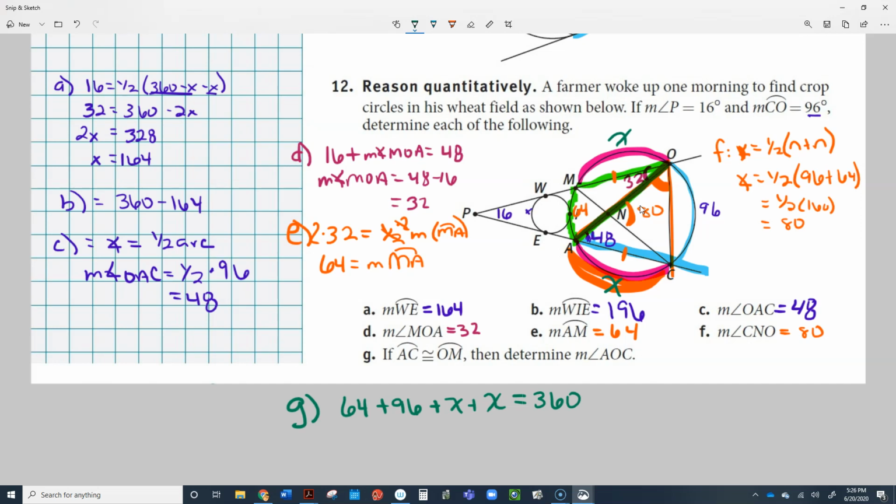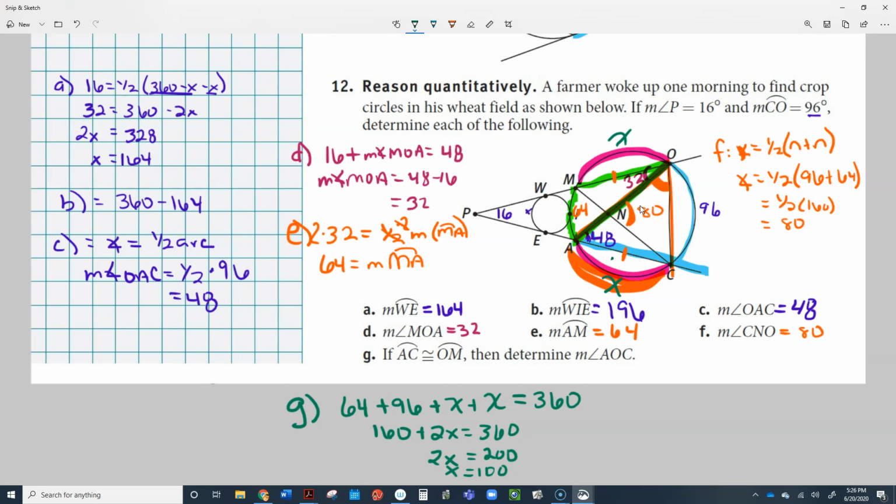So 64 plus 96 is equal to 160. So if I simplify this equation, I get 160 plus 2x is equal to 360. Subtract 160 from both sides and I get 2x is equal to 200. So that means x is equal to 100.